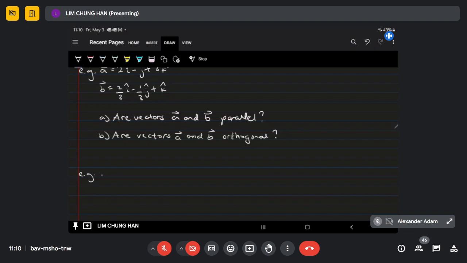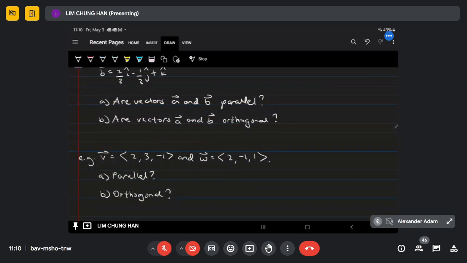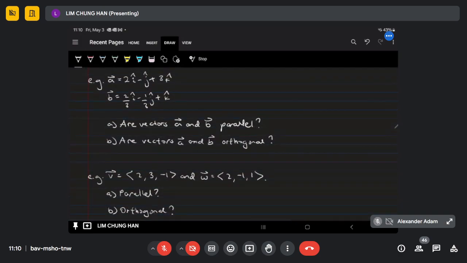I have a vector V, 2, 3, -1, and vector W, 2, -1, 1. Same. Are they parallel? Are they orthogonal? Okay. Can you do this? Do this for me. Okay, in your own time.